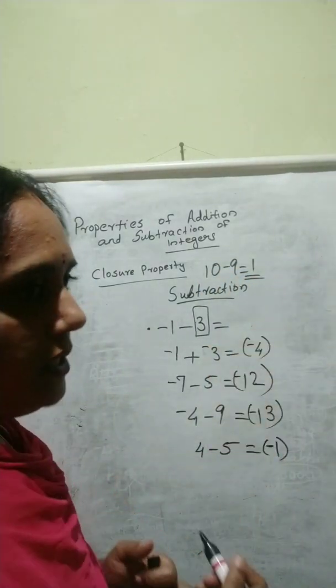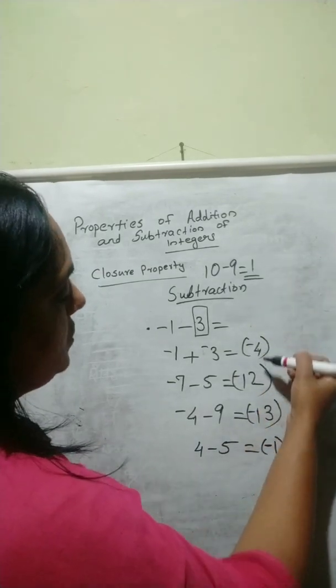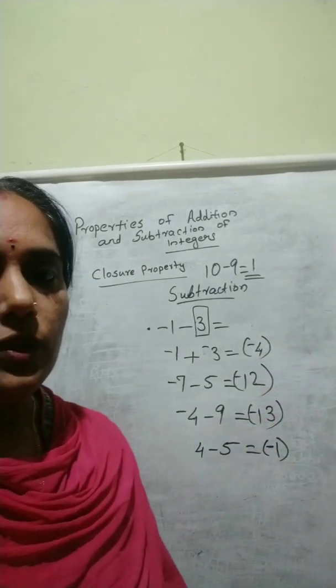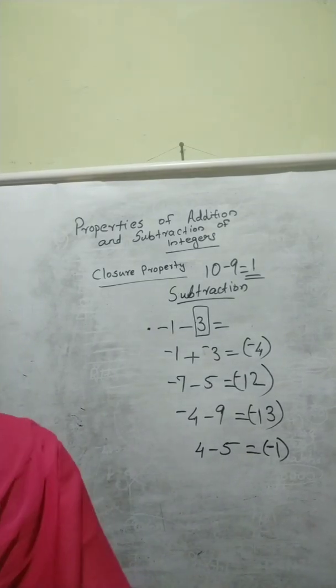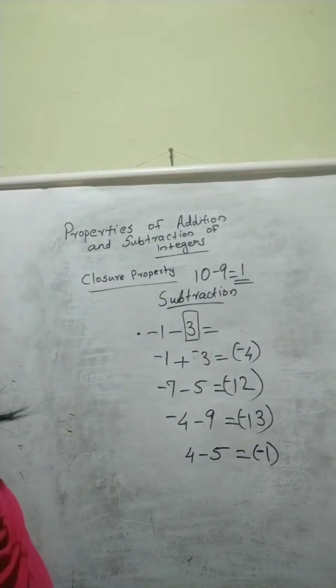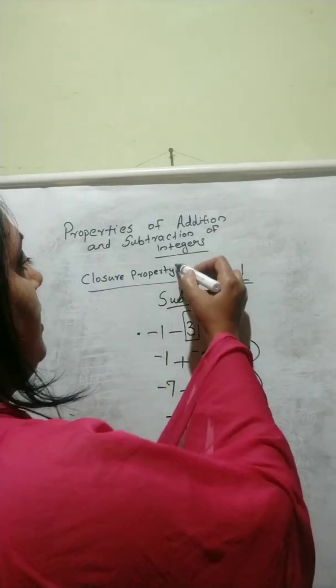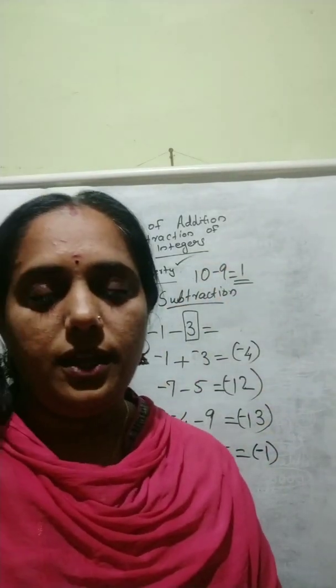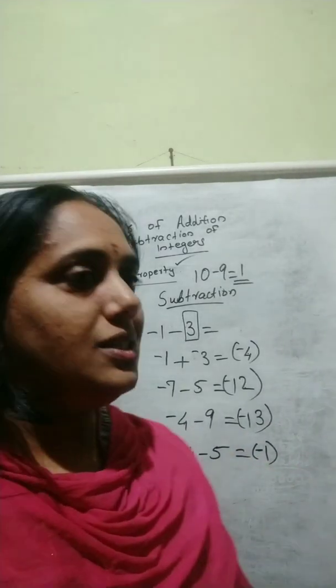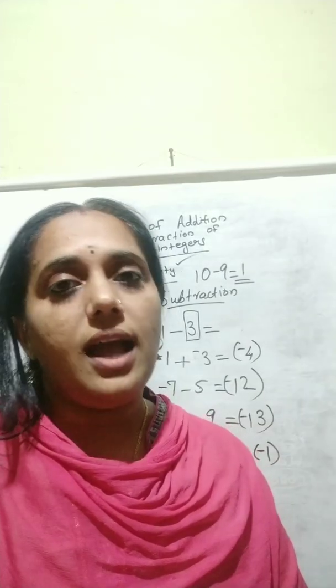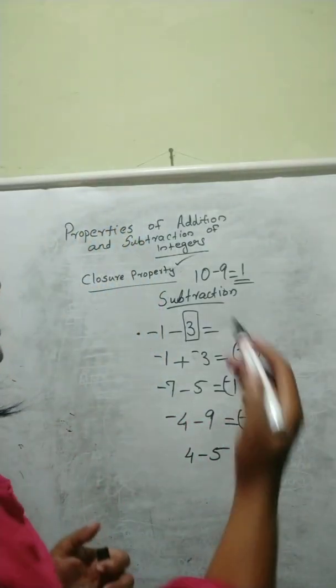Now we can notice all these answers are integers. So we can say subtraction of integers are satisfying this closure property. Okay, always when we are subtracting two integers, we will get an integer as the answer. So this is true.